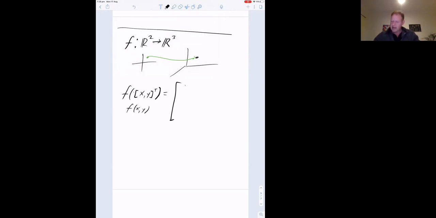It has as a first coordinate, which I'll call f1(x,y), x squared times y, and then f2(x,y) is e to the power x plus y, and f3(x,y) is x times e to the y.